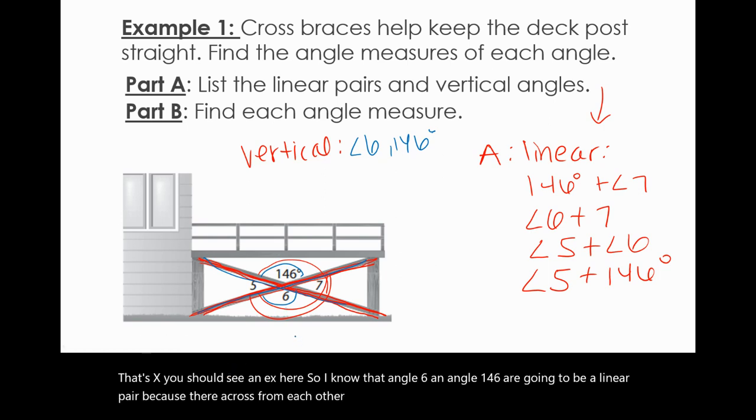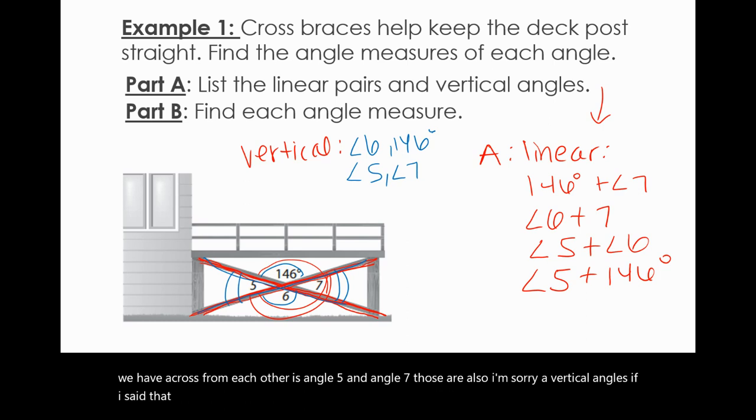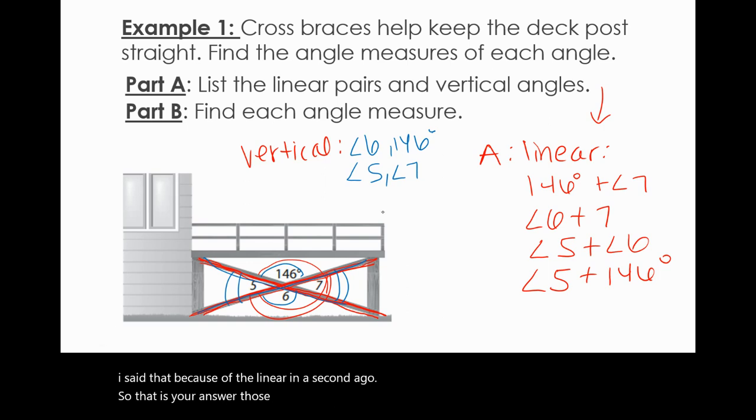Therefore, they're congruent. The other pair across from each other is angle 5 and angle 7. Those are also, I'm sorry, vertical angles, if I said linear a second ago. So that is your answer. Those two are answers for your part A.